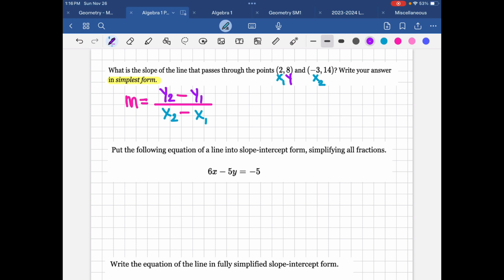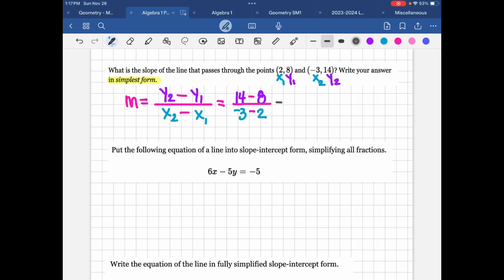The second numbers in my ordered pair are the y values. Y1 goes with x1, and y2 goes with x2. So I'm going to have 14 minus 8 on the top. And then on the bottom, I'm going to have -3 minus 2.